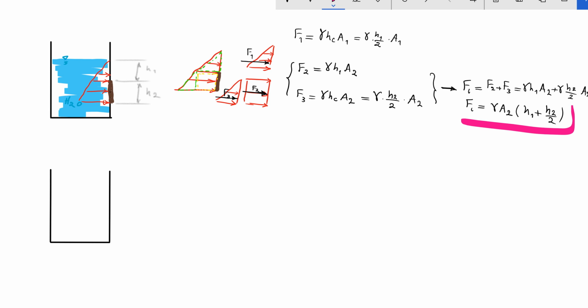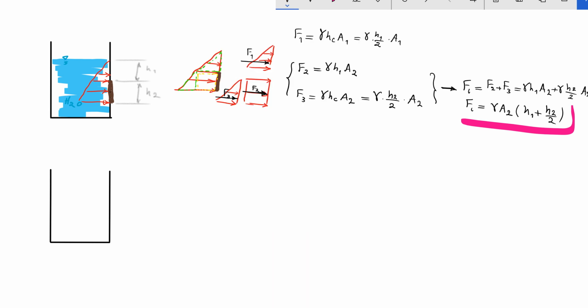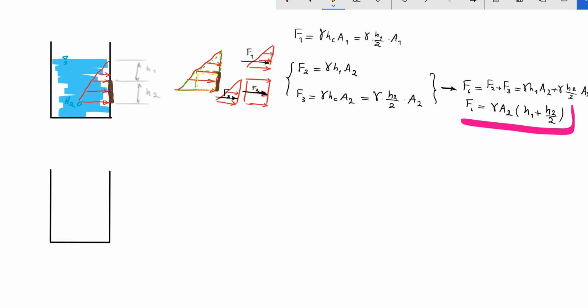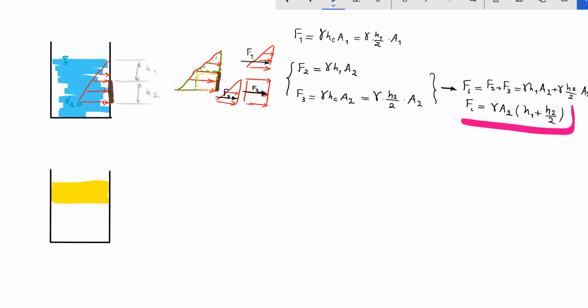Okay, let's start with the second one. We have now another liquid here, which is going to cover up to this level, and the second liquid would be under.